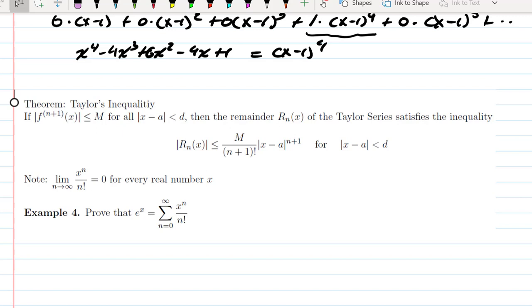And it's worth noting, and we're going to need this, that for every real number x, the limit as n goes to infinity of x to the n over n factorial is going to be 0.